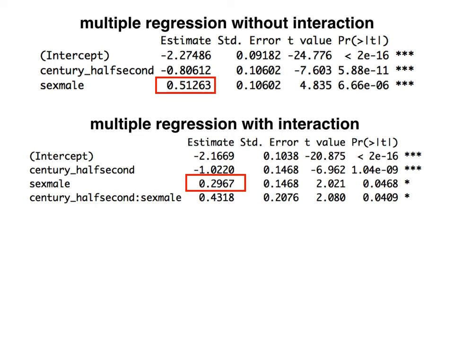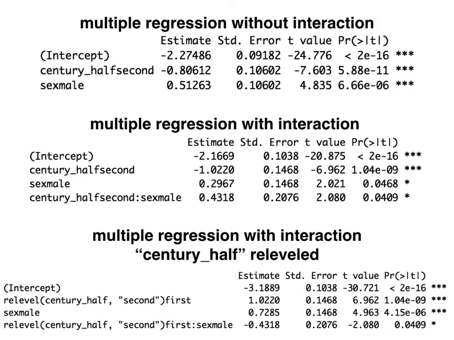Okay, now let's bring on our model where we change the baseline for century half. Now we can see how our estimates change when we re-level century half to second, starting with the intercepts. Recall that the intercept is the mean of when all variables are set to the baseline, or 0. In the first model, the intercept is the mean of the data in the first half of the century for females.